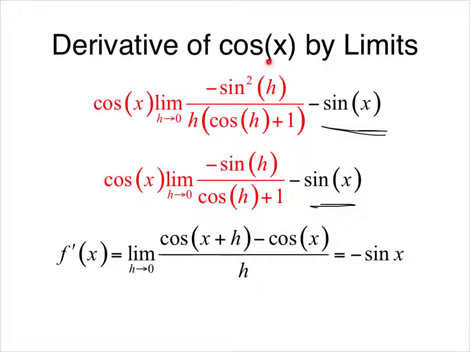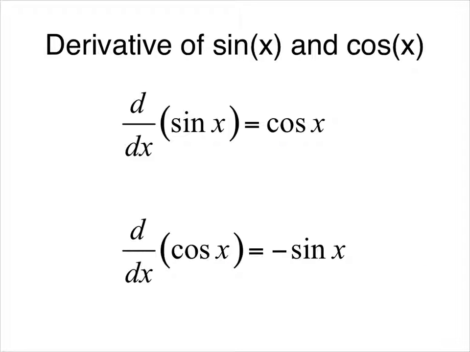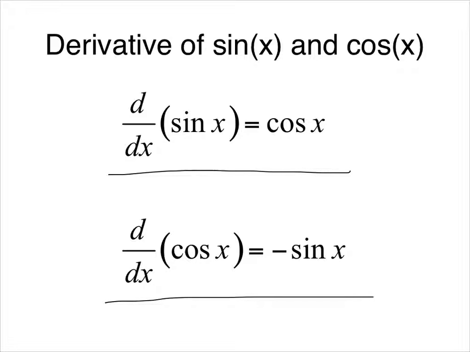And again, we have that negative sine squared h cosine of h plus 1. So when we're done, we know the derivative of cosine is negative sine. So that gives us two important facts. The derivative of sine is cosine, the derivative of cosine is negative sine. You're going to use those so much, they'll just become, again, part of your memory.